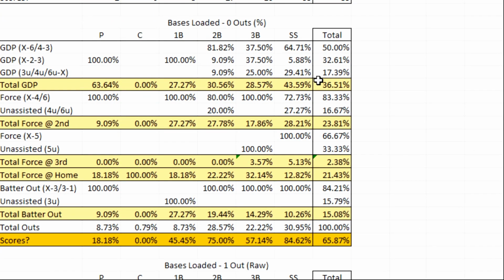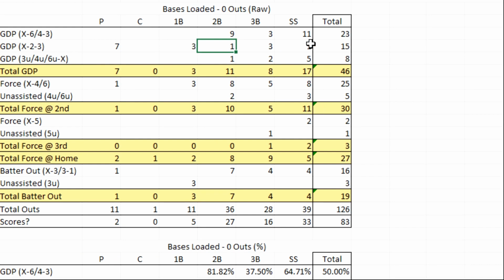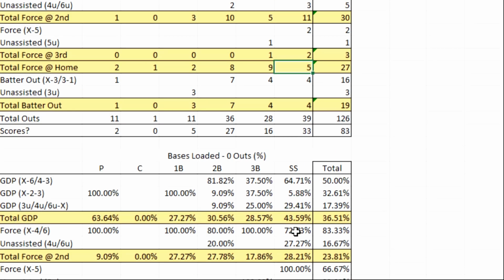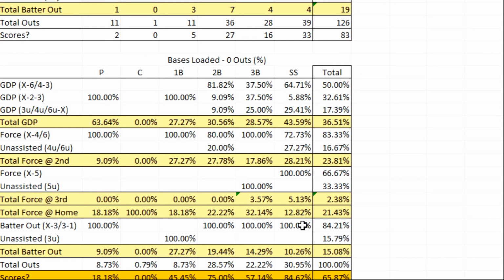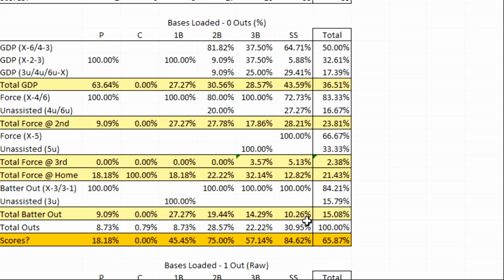And once again, he's only thrown to home 1 time to complete a double play. He's forcing home 5 times, which is almost 13%. So not very often.